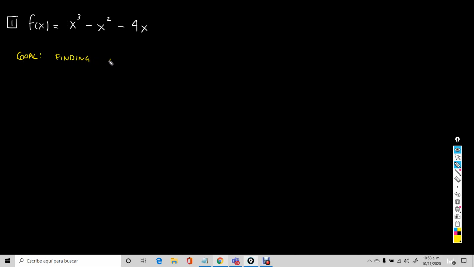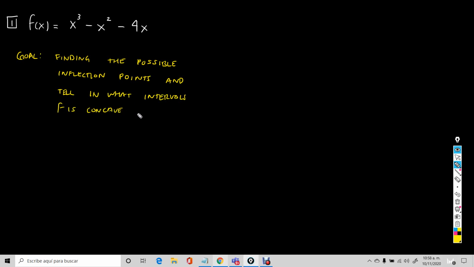finding the possible inflection points and telling in what intervals f is concave upwards and in which it is concave downwards.